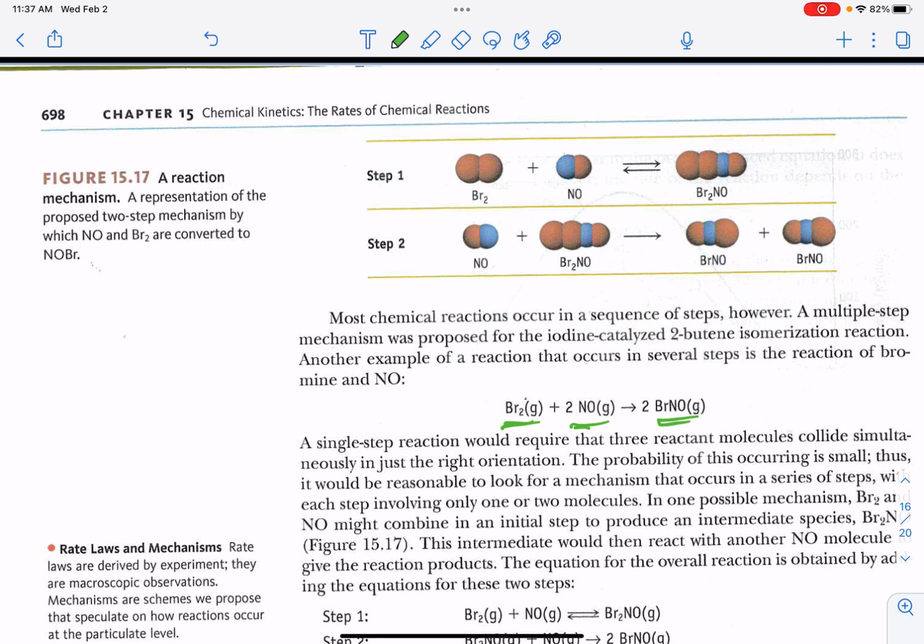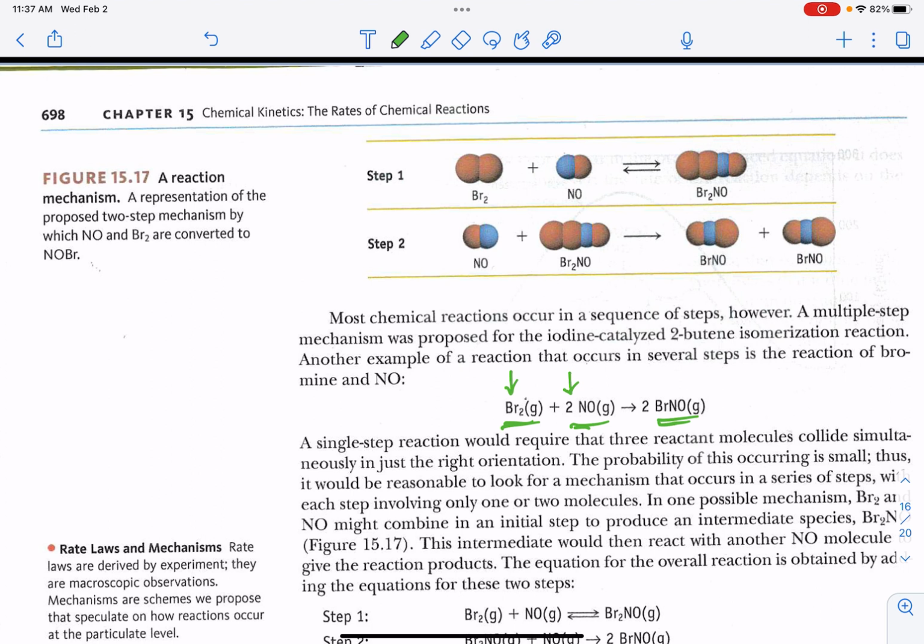Now, we could say this might happen in one step, but in order for this to happen in one step, you would need one bromine molecule and two nitrogen monoxide molecules to strike each other at exactly the same time, with exactly the right orientations in space, with exactly the right amount of energy to produce the product. The likelihood of this, we would expect, is pretty slim.